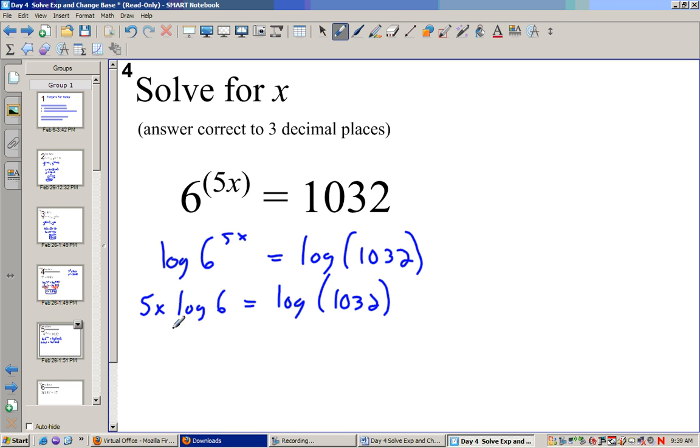Divide both sides by the log of 6. So I would still have 5x is equal to, let's see what this is, log of 1,032 divided by the log of 6. I get 3.87.